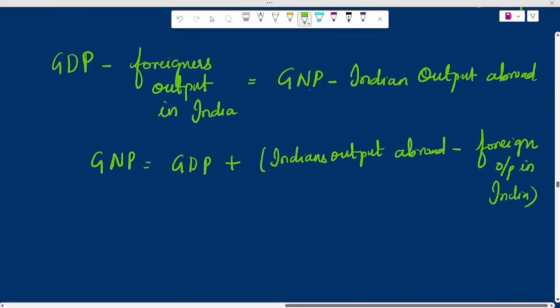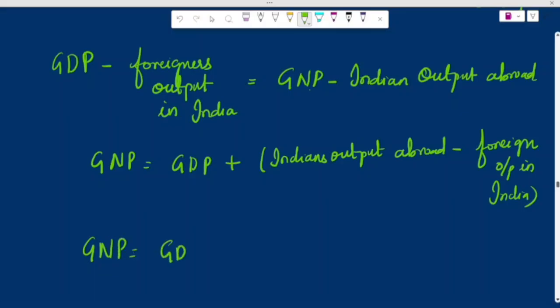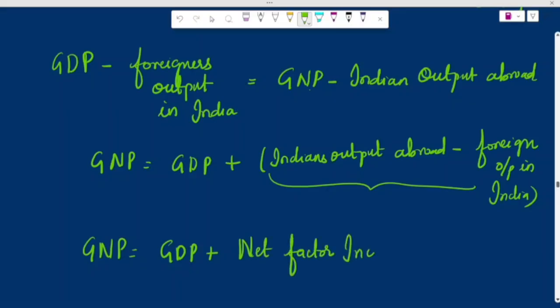Okay. So this whole thing can be written as net factor income from abroad.